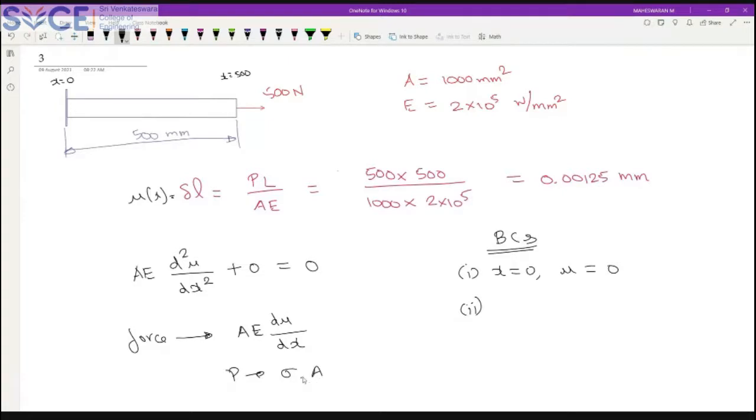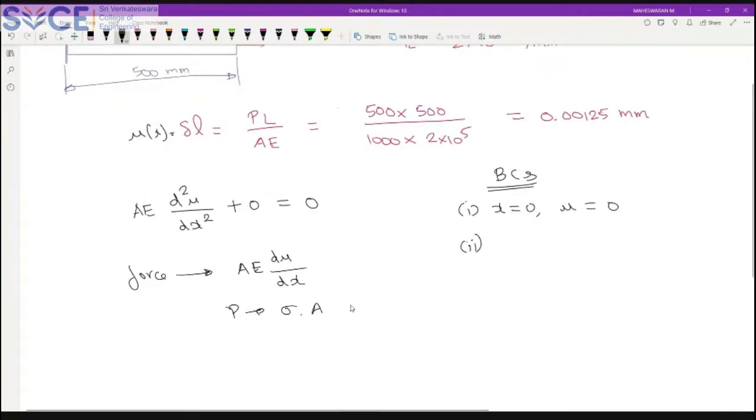What is your stress? Again, I can rewrite it: stress is Young's modulus into strain, into area. This strain I can write as du by dx, which means I get AE du by dx. So this is how I got the force as AE du by dx. So when x is equal to 500 mm, I have this AE du by dx.